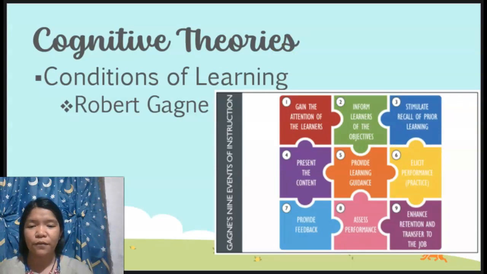The first event is very important because it tells the gaining of attention of the learners. Gagne says that when we fail to gain the attention of our learners, we are failing in all the other events. It's as if when we fail in number 1, there will already be no sense doing the 8 other events of instruction.